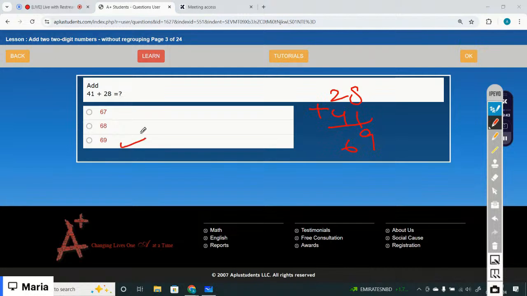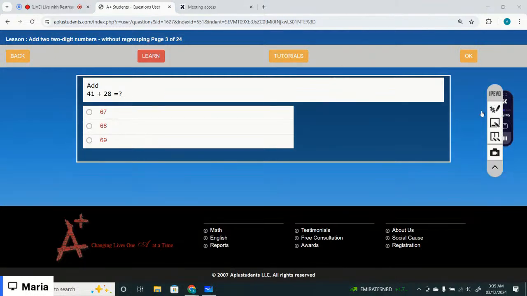The correct option is 69. Option number 3 is the correct option. That is 69.